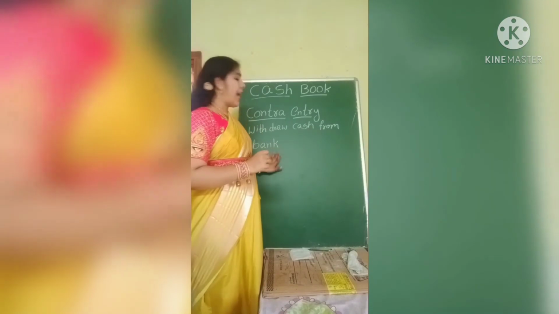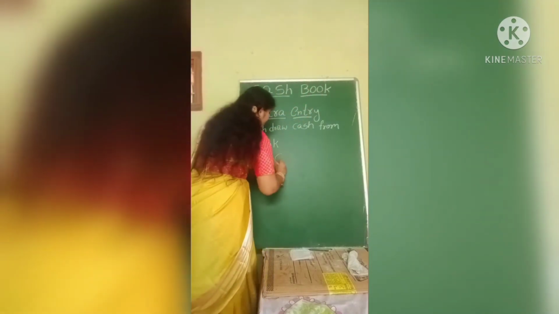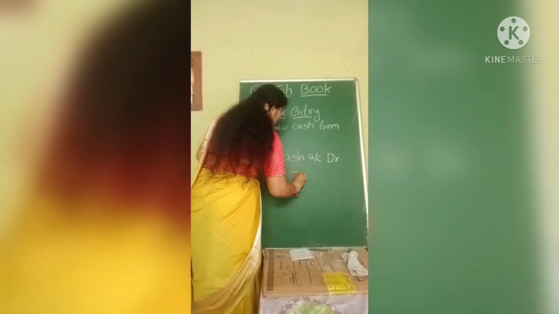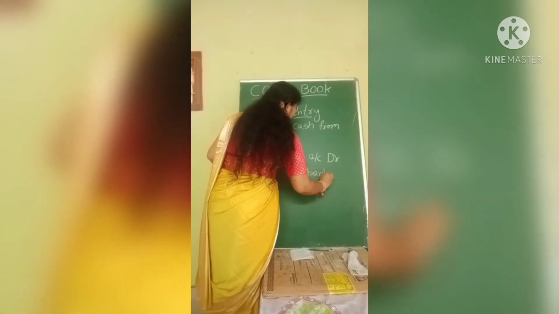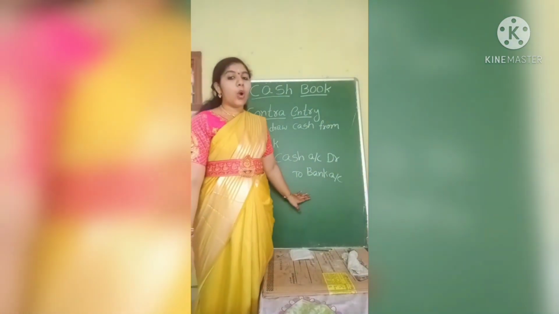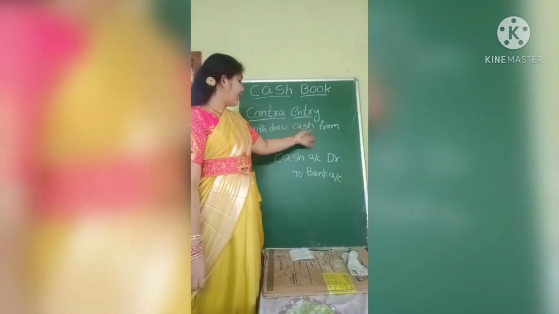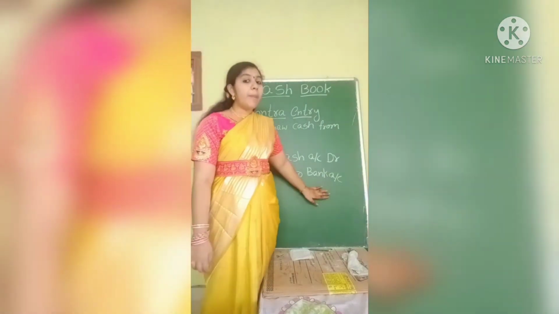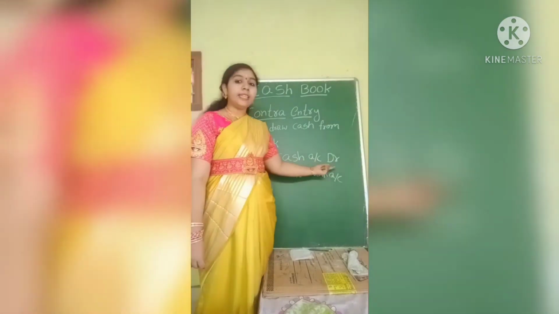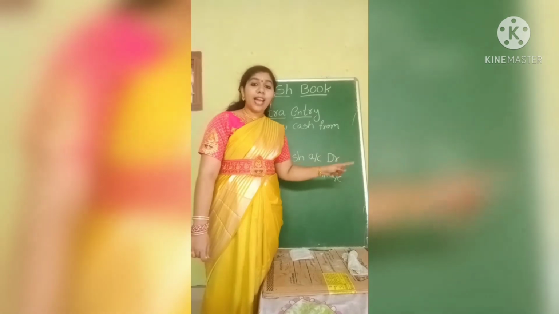Withdraw cash from bank. What is the journal entry for this? Cash account debit to bank, and bank is entered in the credit side of the triple column cash book.